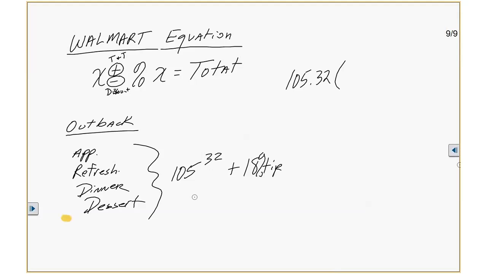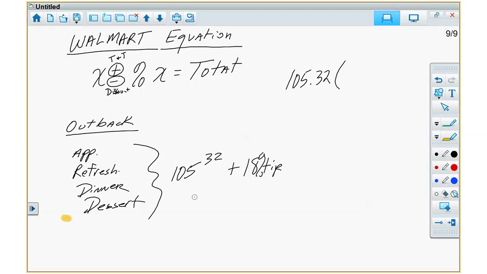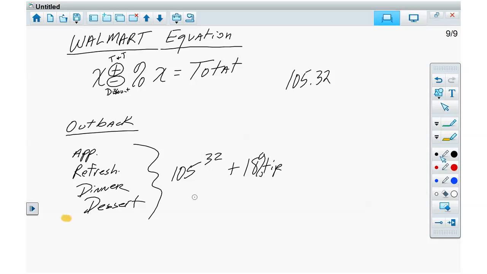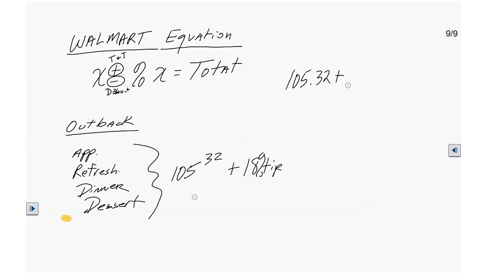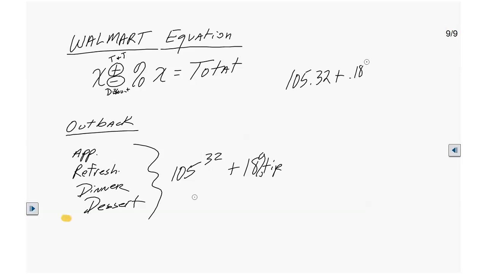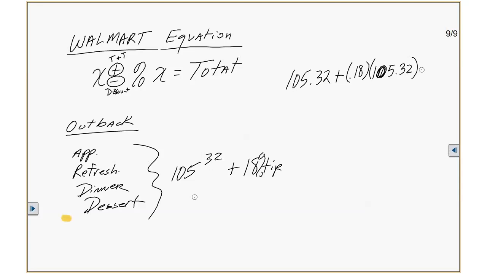Sorry, I'm just having a brain blow walking in. Think and talk at the same time. Plus, because it's a tip, 0.18 times 105.32 is equal to the total. Now here's where you need to use your calculator because you're not Rain Man, all right?